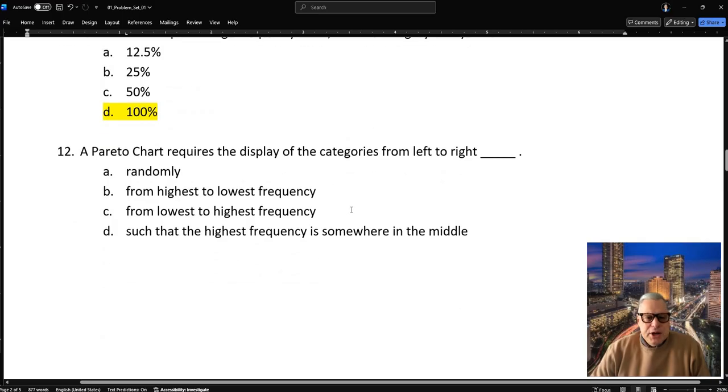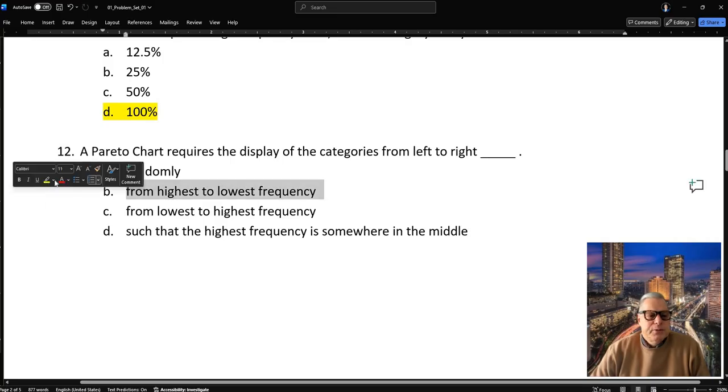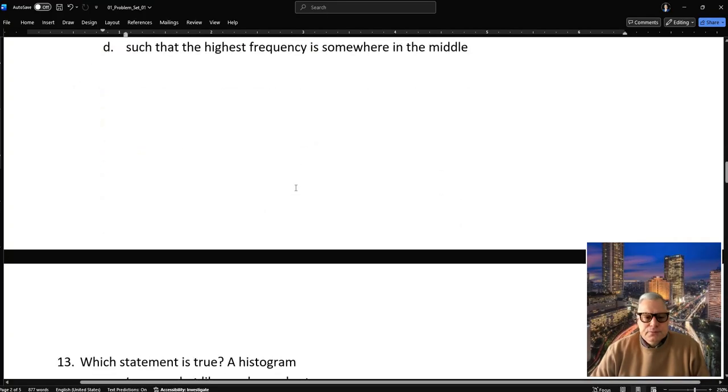A Pareto chart requires the display of the categories from left to right randomly, from highest to lowest frequency? Yeah, that's correct. From lowest to highest, no. Such that the highest frequency is somewhere in the middle, no, it's from highest to lowest frequency.